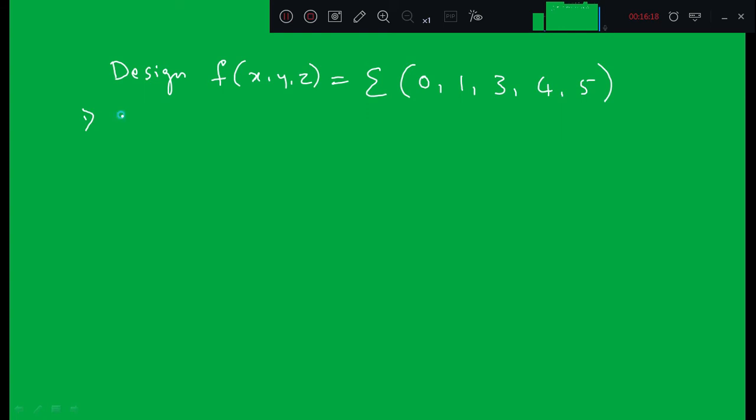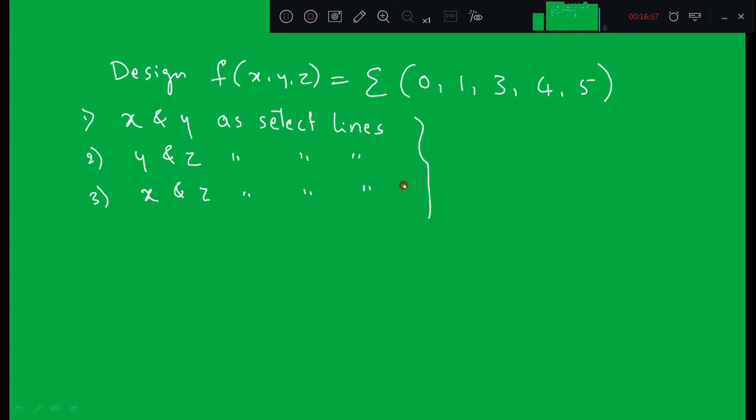In the first type we'll use x and y as select lines. In the second type we'll use y and z as select lines. And in the third type we'll use x and z as select lines.